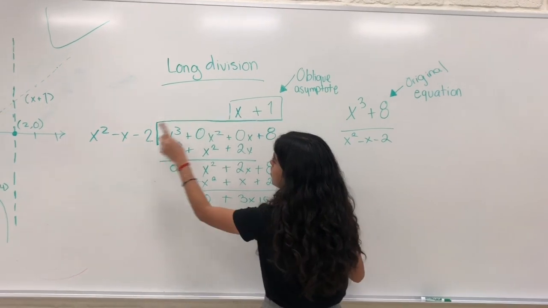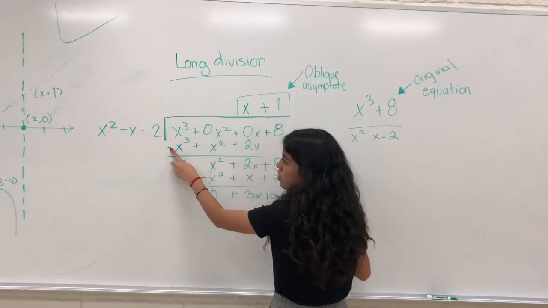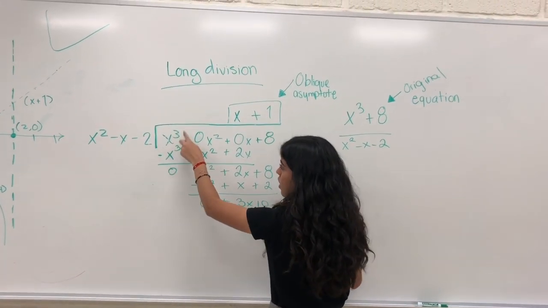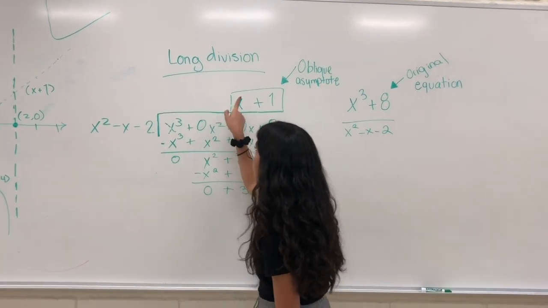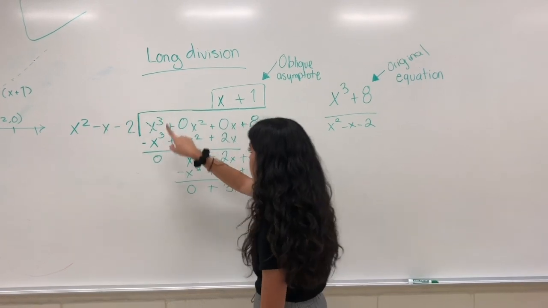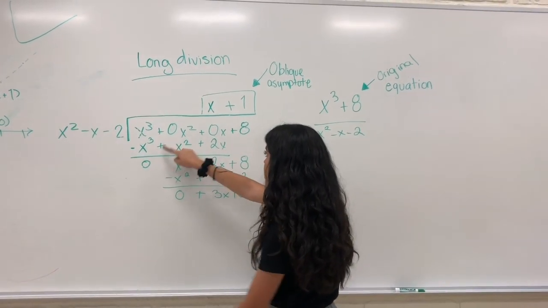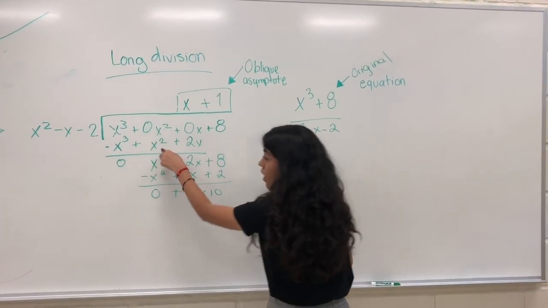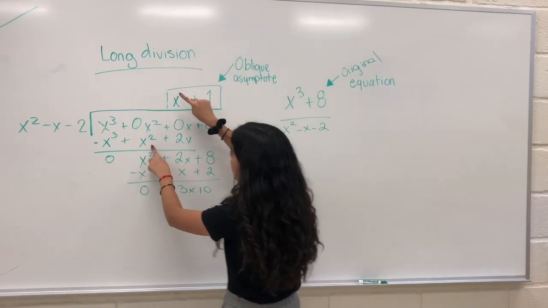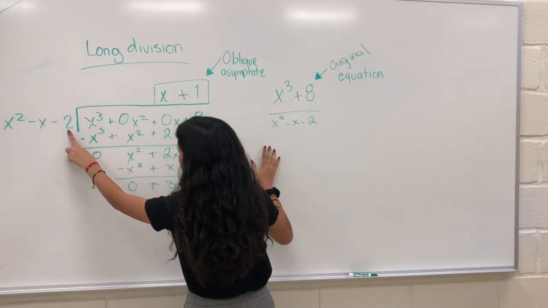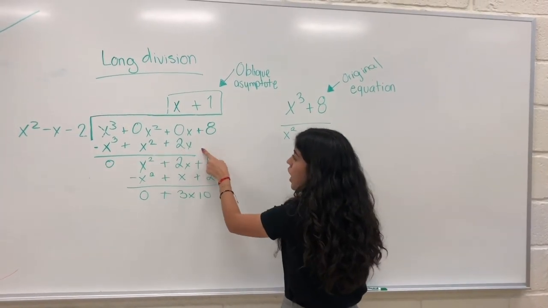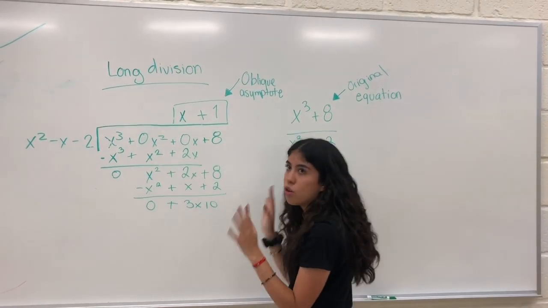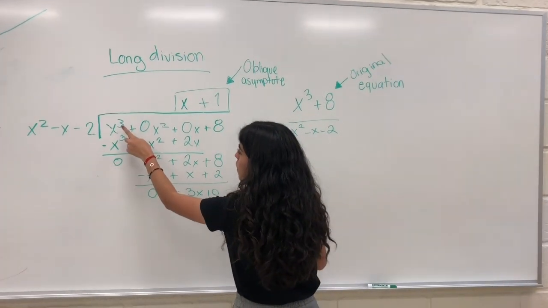So it's plus per plus, you change to minus, so it's going to be 0, and then x per x, plus per minus, so it's plus, and it's x to the second power. Then it's x multiplied by minus 2, but you change the sign to plus, so it's 2x, and then you solve like a normal operation.